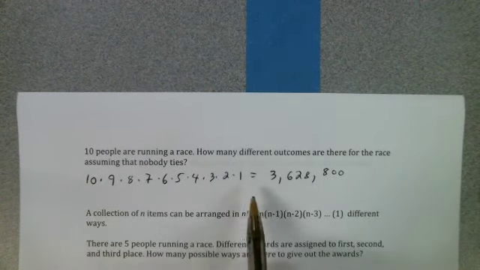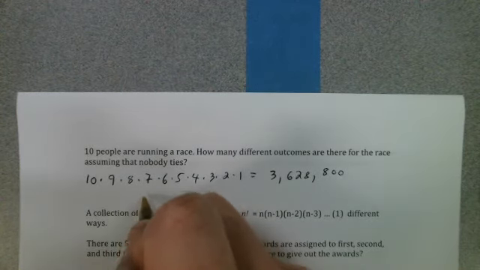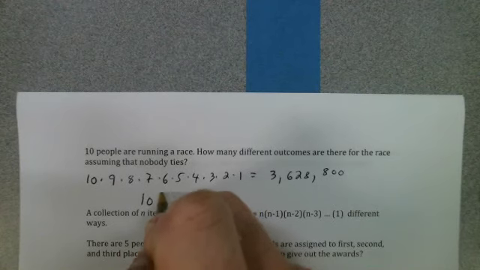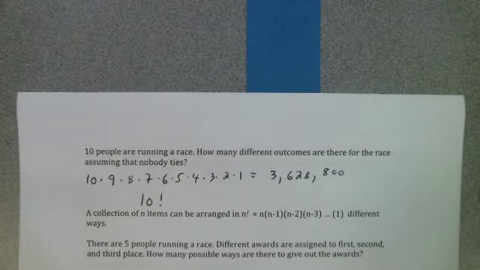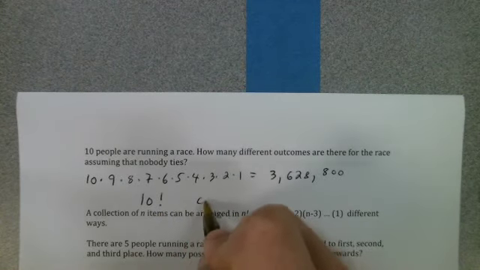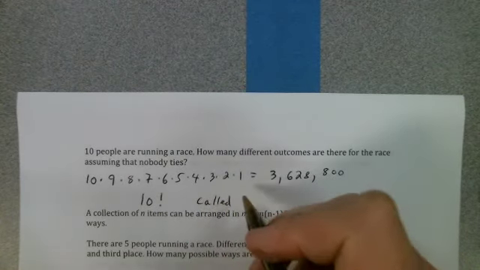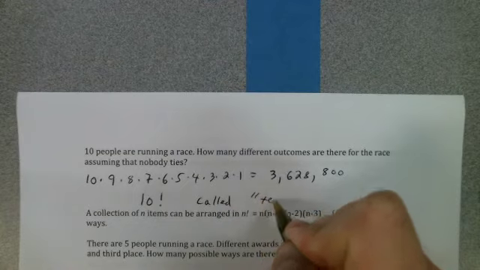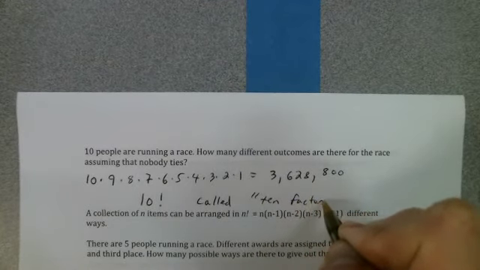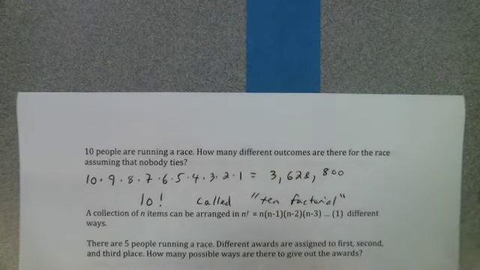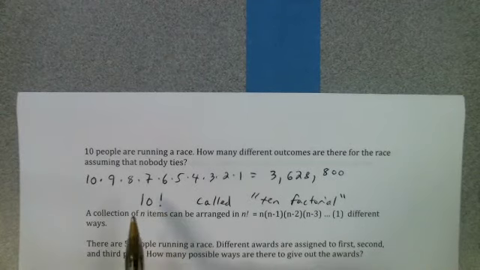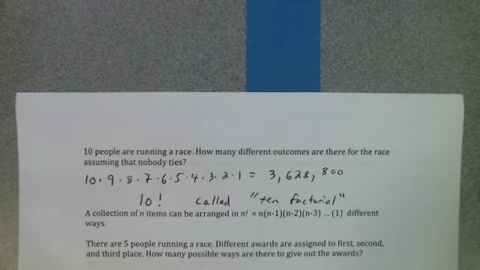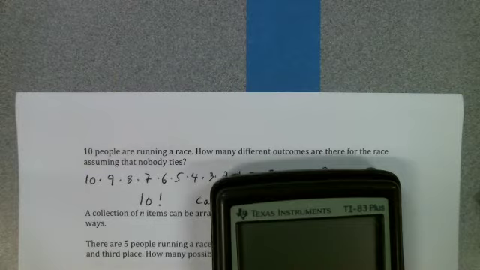So a lazy way of writing that out is writing 10 with an exclamation point after it. It stands for factorial. So that's called 10 factorial. It's just a lazy way of writing down this, and your calculator can do that.